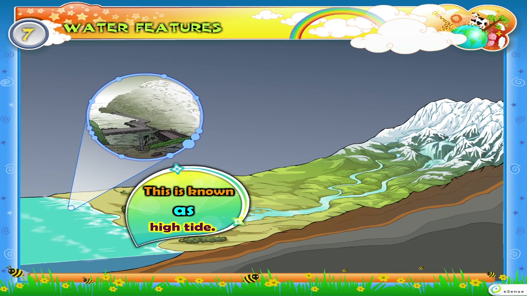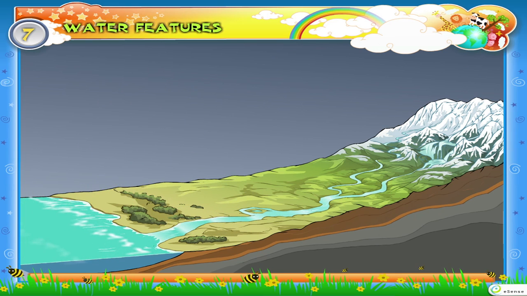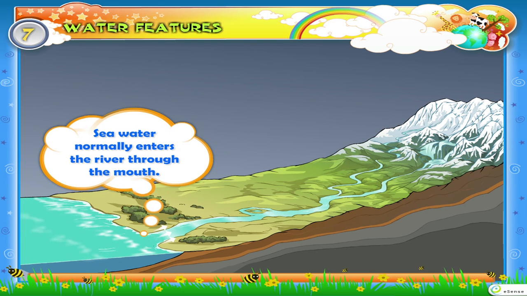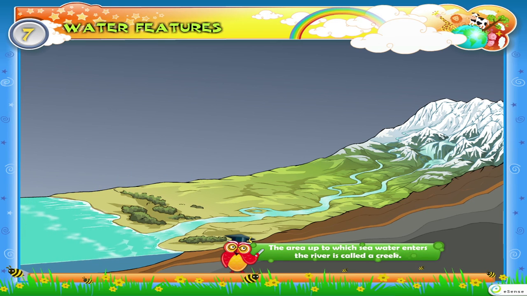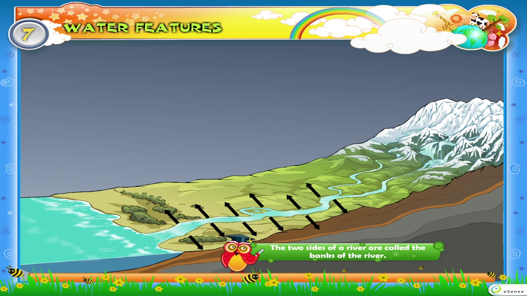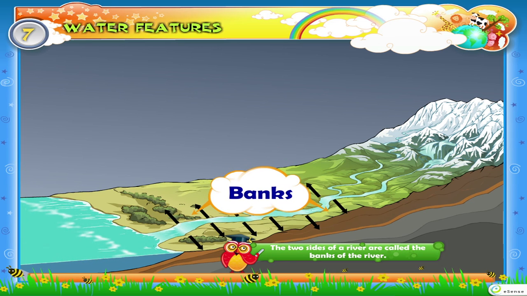This is known as high tide. At the time of high tide, sea water normally enters the river through the mouth. The area up to which sea water enters the river is called a creek. The two sides of a river are called the banks of the river.